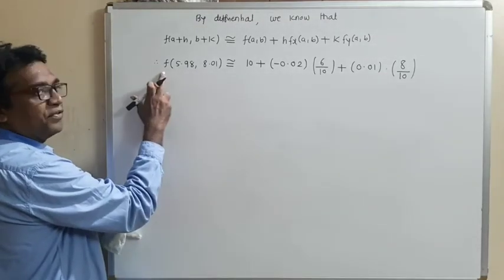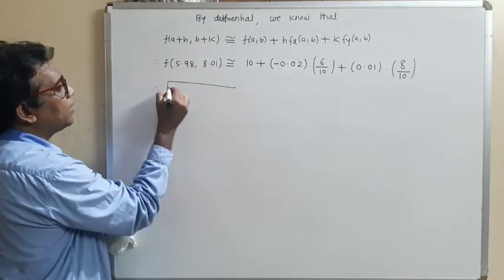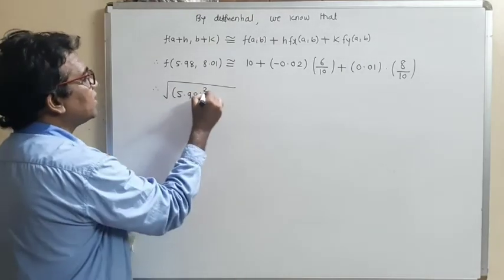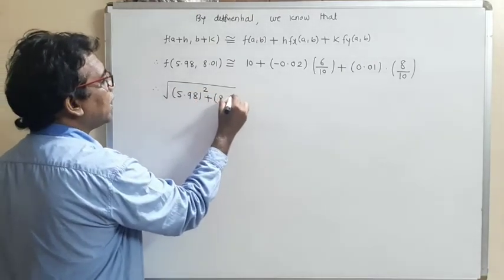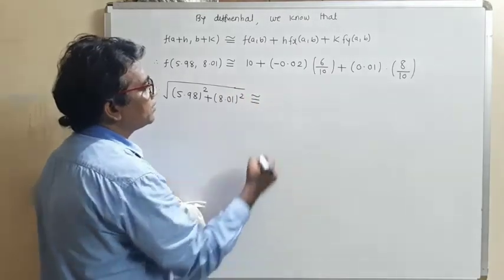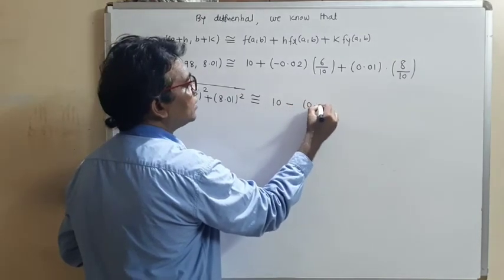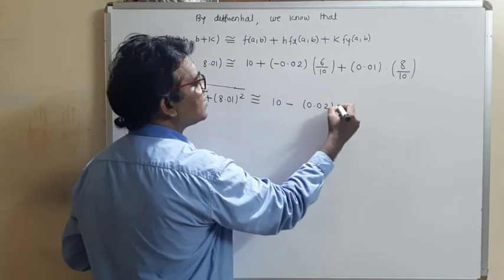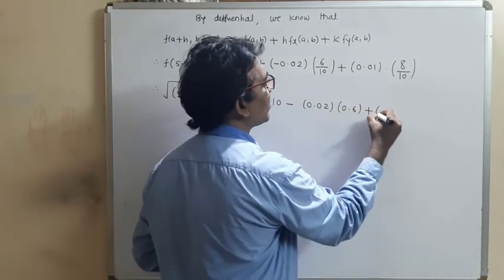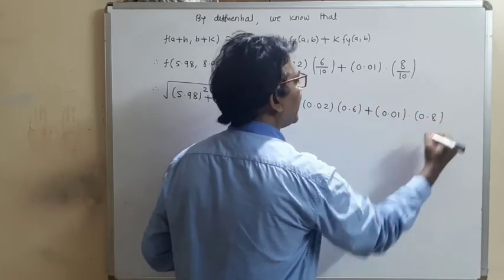So what is our f? f means the given function. This is nothing but under root of 5.98 square plus 8.01 square. This is equivalent to 10 minus 0.02 into 0.6 plus 0.01 into 0.8.